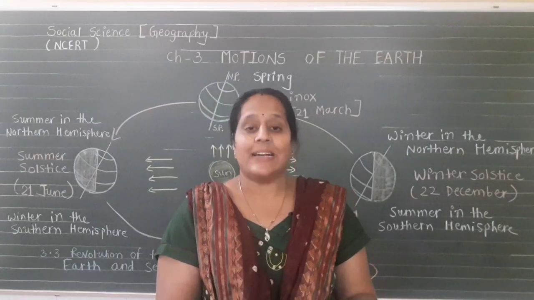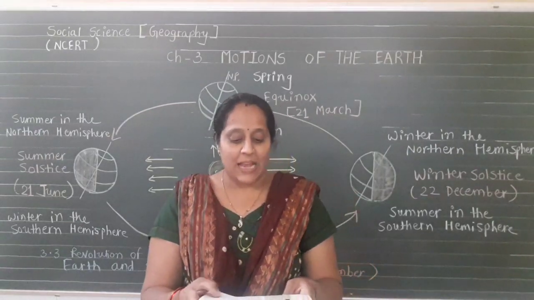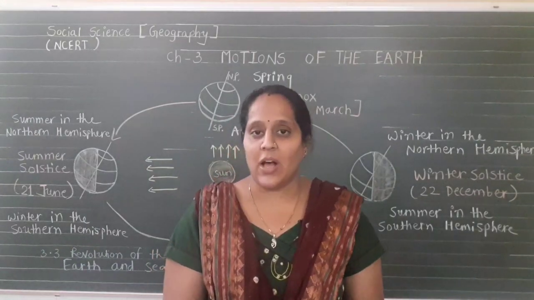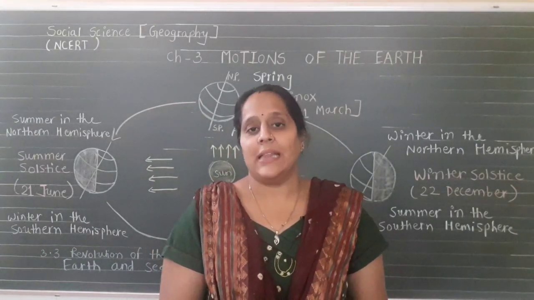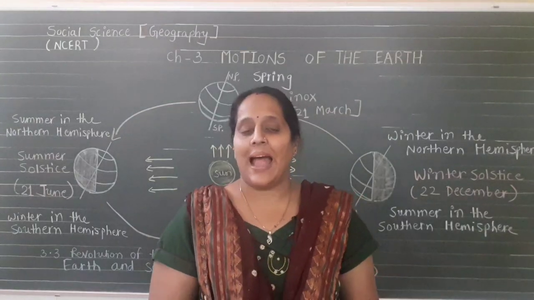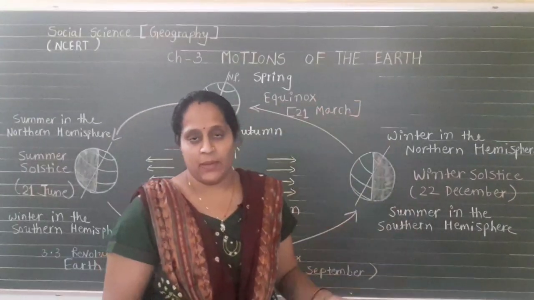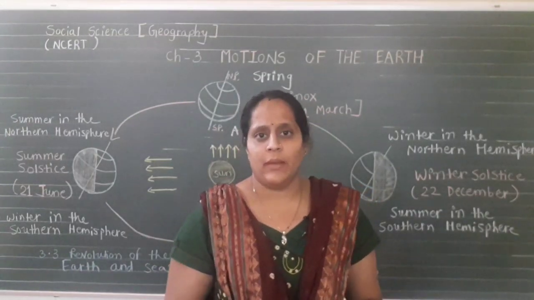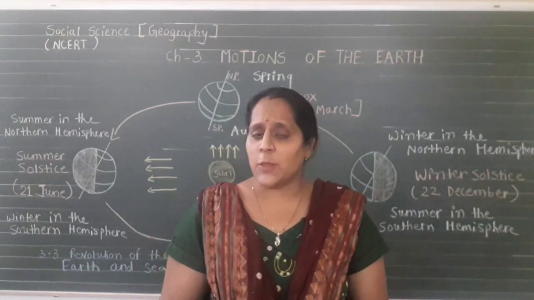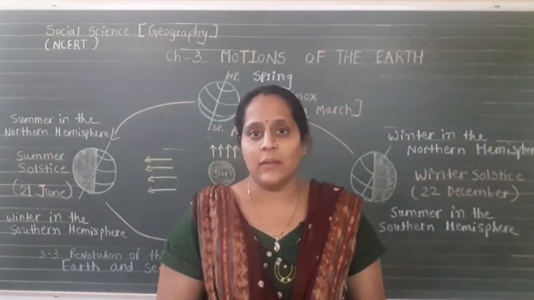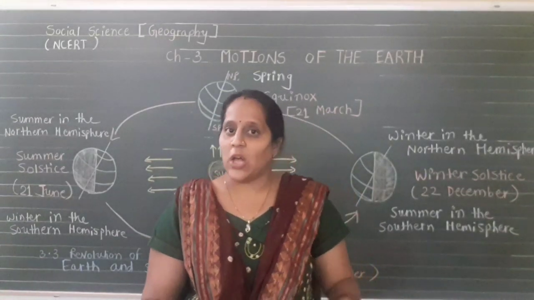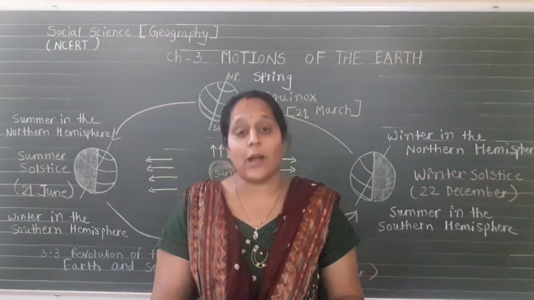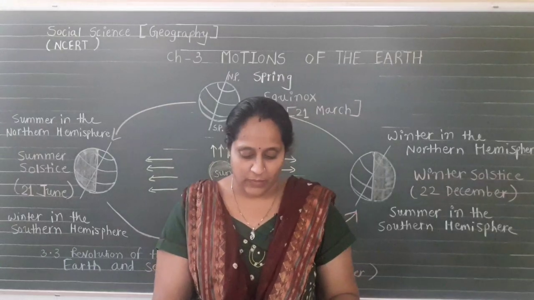Do you know that Christmas is celebrated in Australia in the summer season, because at that time they have summer there, and in the northern countries like our India, America, Canada they celebrate Christmas during the winter season. So that's why you see the difference in the northern hemisphere and southern hemisphere according to the sun's rays.